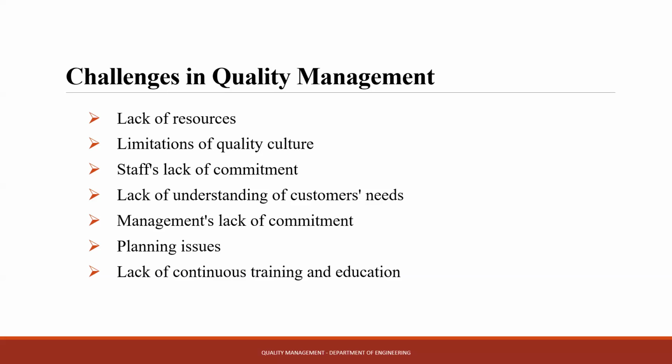We need to assess the risk as well. So if you are having planning issues, that may include poor risk management, inaccurate forecasting, or sometimes they may set up unrealistic timelines for the production. So that is not a good thing. That is a challenging one when it comes to quality management.